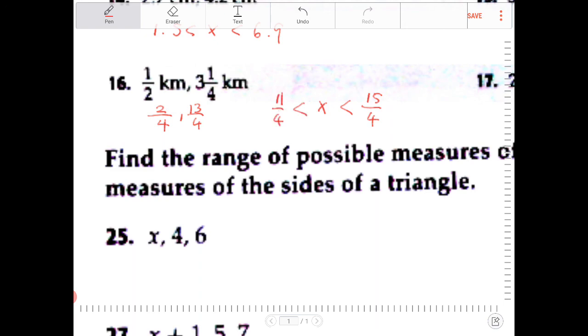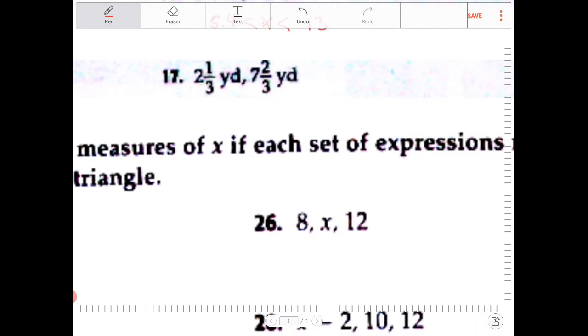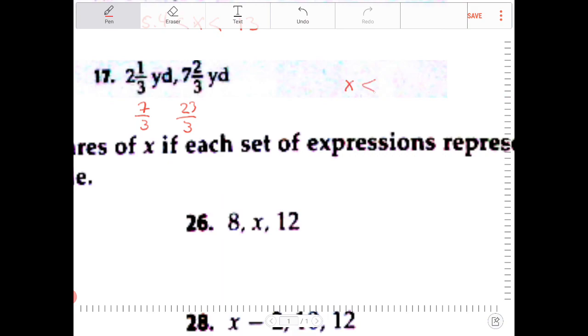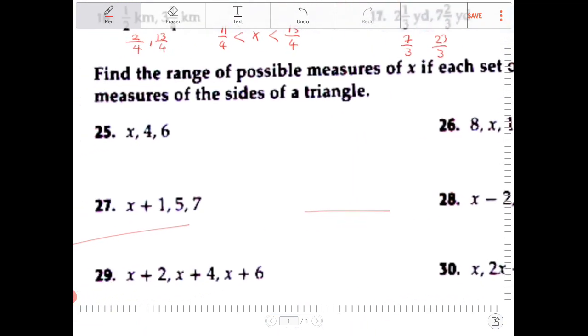So x must be in between those two values. Same thing, this one is even easier because the denominator is already the same, so it's 7/3 and 23/3. I add them together, it would be 30/3 or just 10. Subtract them, I get 16/3. So x must be in between those two values.